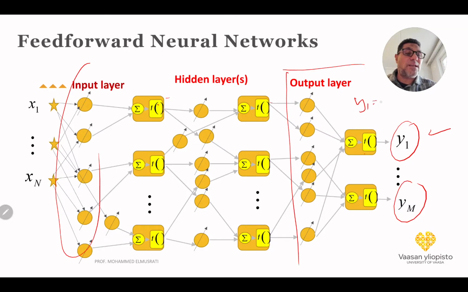Y1 is the sold price, and Y2 is the number of weeks to be presented in the system before it is sold. So now we have two outputs. Since we have two outputs, we should have two neurons in the output layer, because each neuron in the output represents the output itself. If you have only one output, then of course it will be one neuron in the output layer.